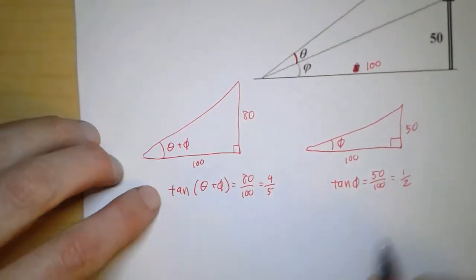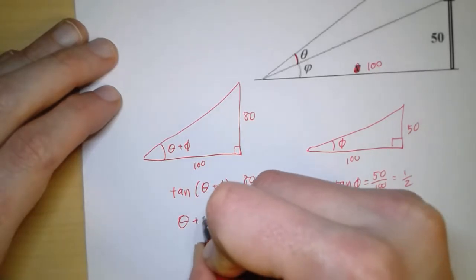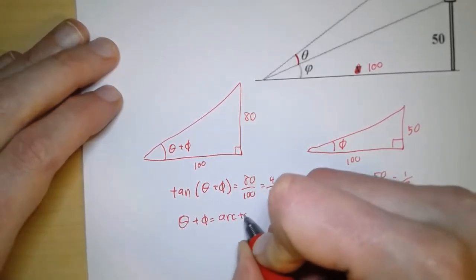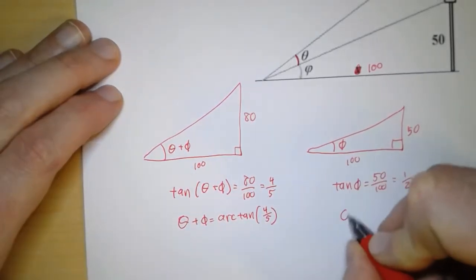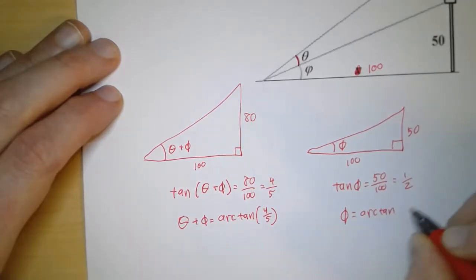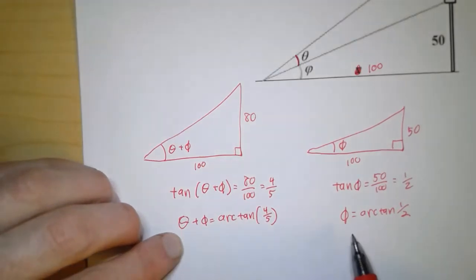Now, since both these angles are unknown, we're going to rewrite it as theta plus phi equals arctan of 4/5. And over here, phi is arctan of 1/2. Now, what do I want? I just want theta.